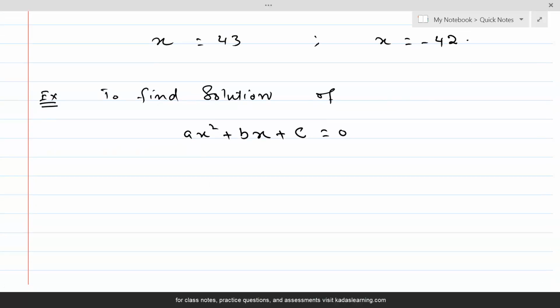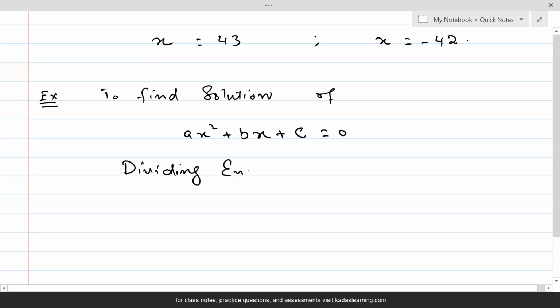I explained that in question 1 as well as question number 2, that if the coefficient of x square is anything other than 1, we have to divide the entire equation by that coefficient. Here it is a. So dividing the entire equation by a, this would give us ax square over a plus b over a x plus c over a equal to 0 over a, that is equal to 0.